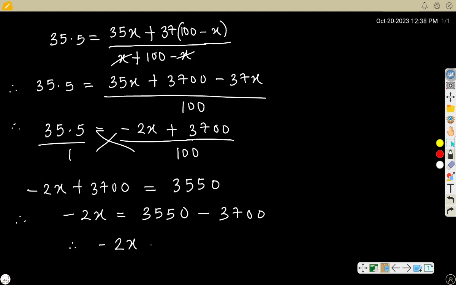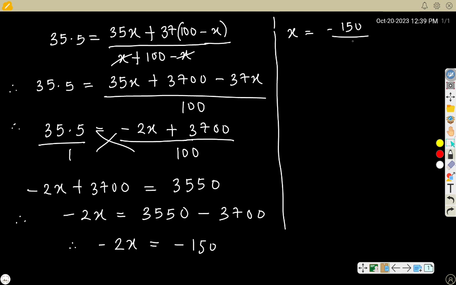Subtracting, we have minus 150. So X is equal to minus 150 divided by minus 2, because we are dividing both sides by minus 2. 150 divided by 2 will give us 75, because minus will cancel minus.